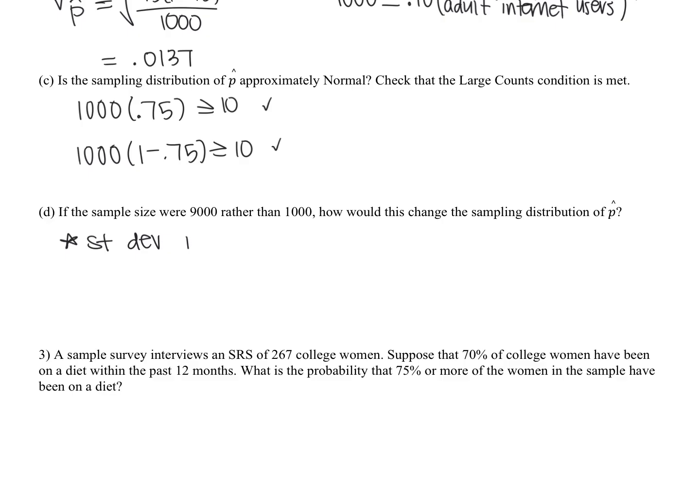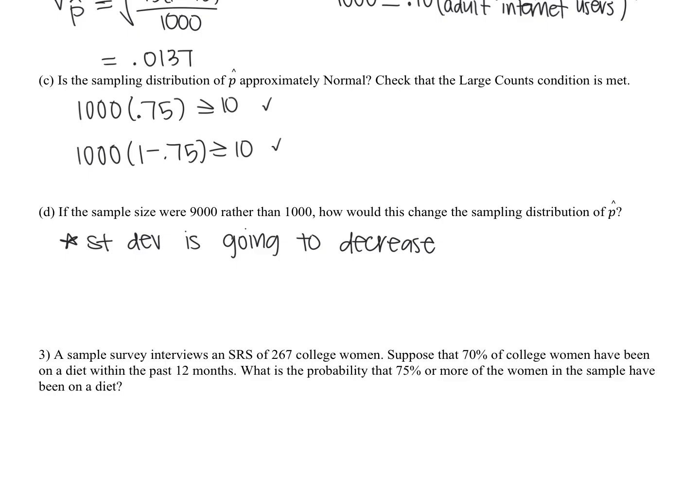So standard deviation is going to decrease. And then the other one would be if the shape changes at all. In this case, it can't become more normal, it just would stay normal.